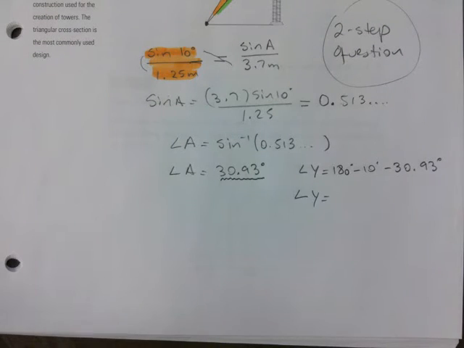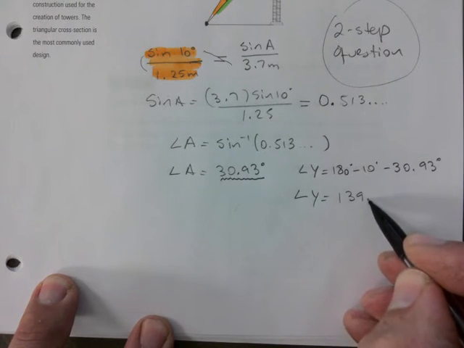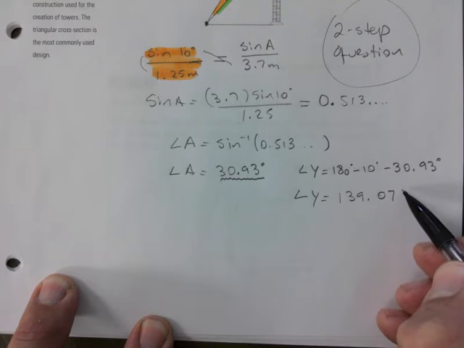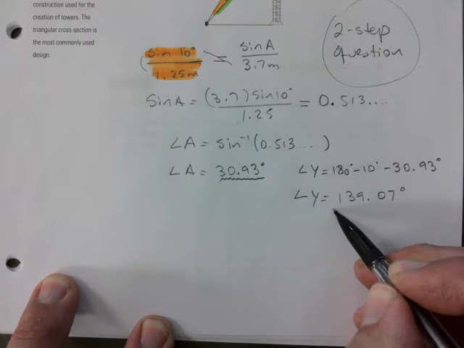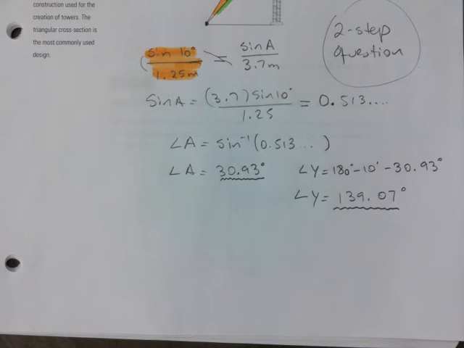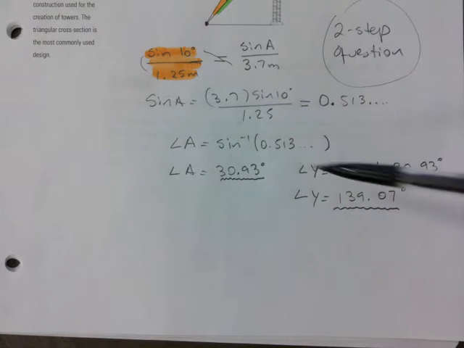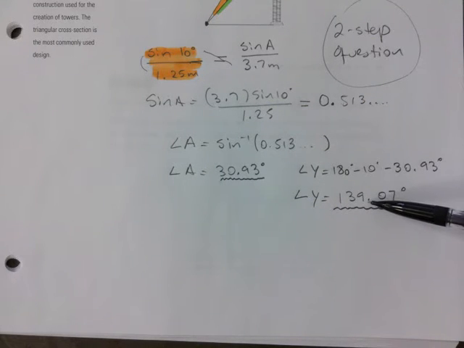So that is 170 minus 30.93. That gives me 139.07 degrees. It's not the final answer, but it's very important to me. So step one, I guess there's an intermediate step.